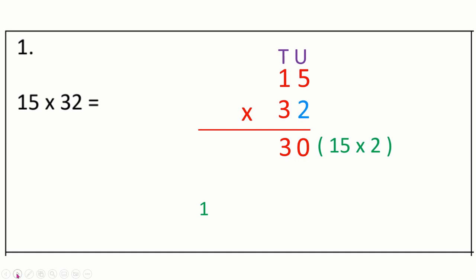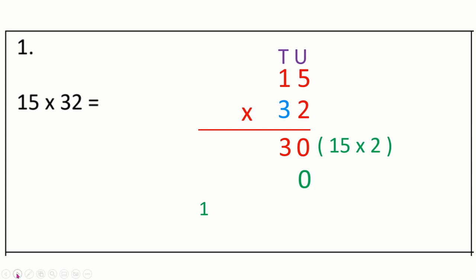Now watch what happens. The 3 is highlighted in blue because now we're going to multiply 15 by 3. But that 3 in the tens column is not 3, it's a 30. So I must remember to put my 0 down.